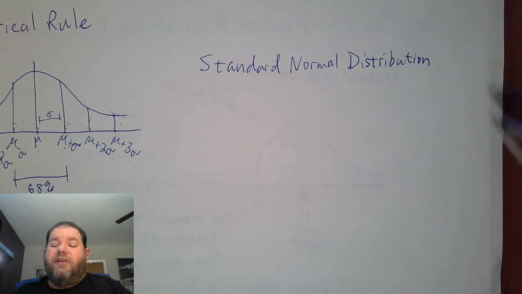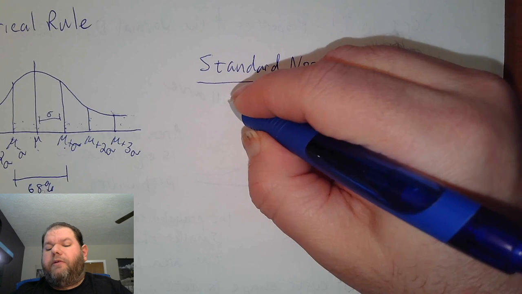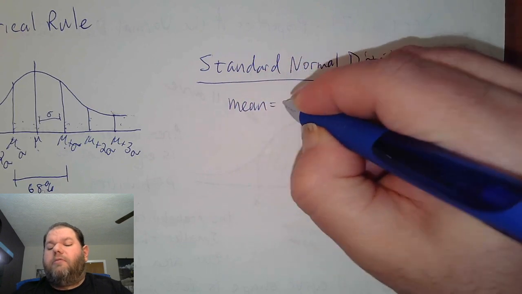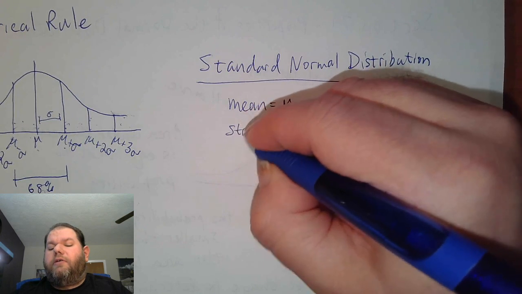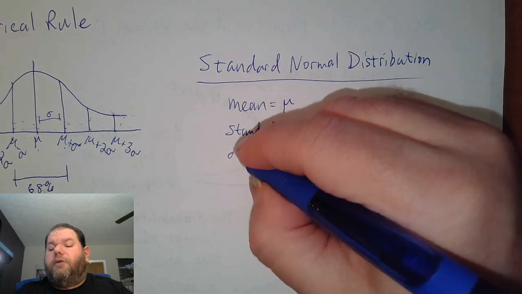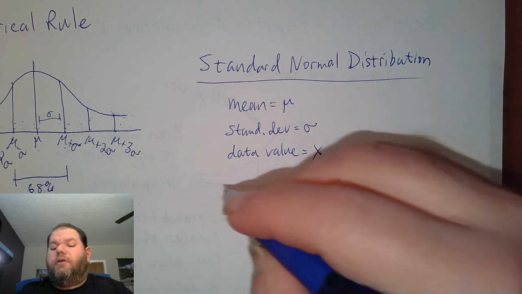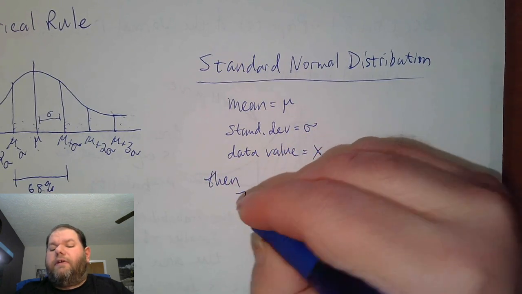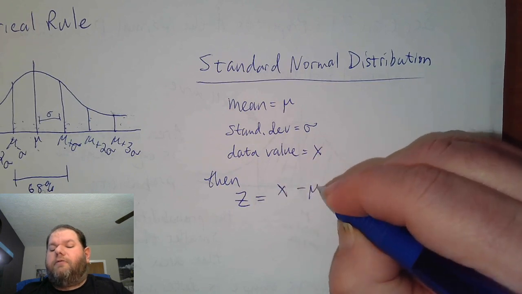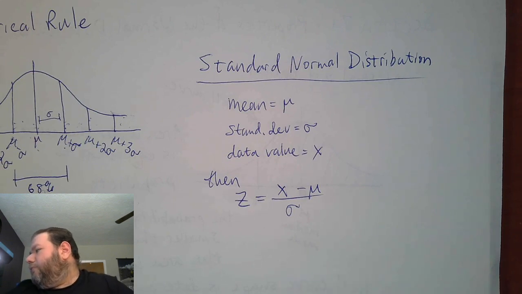And the idea behind the standard normal distribution is that we have mean, mu, standard deviation, sigma, and we have a data value x. Then z is equal to x minus mu over sigma, where z represents the number of standard deviations a data value is above or below the mean.